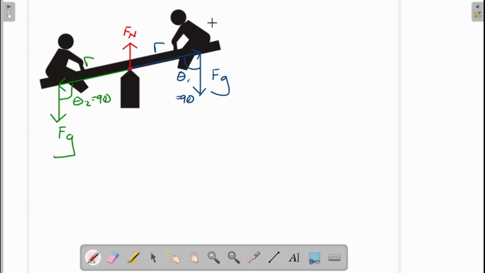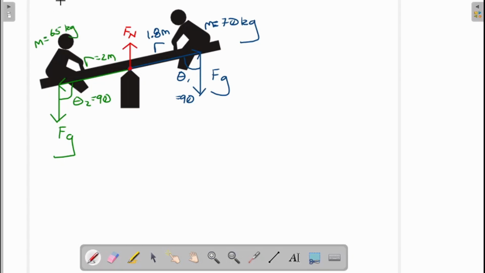This child here is a distance of 1.8 meters from the center and has a mass of 70 kilograms. This one is a distance of 2 meters and has a mass of 65 kilograms.